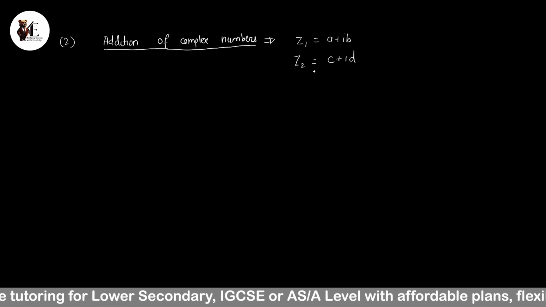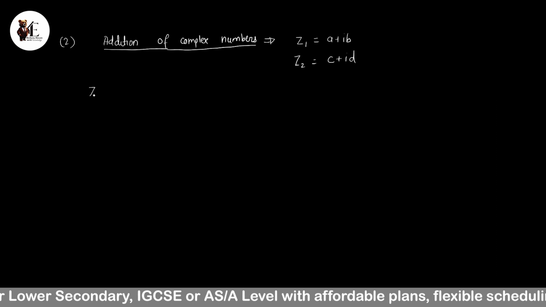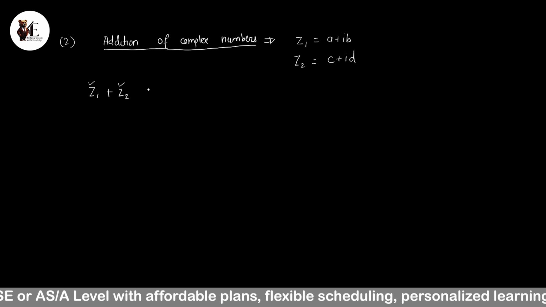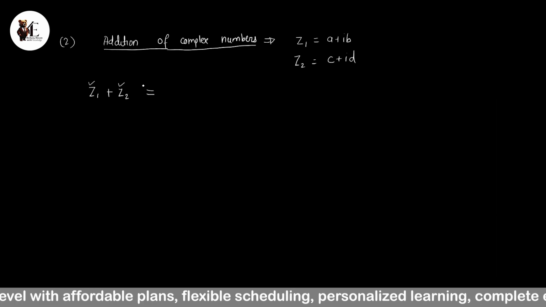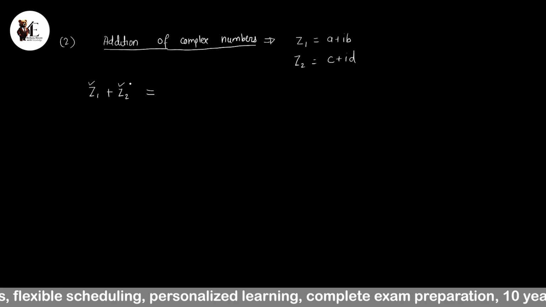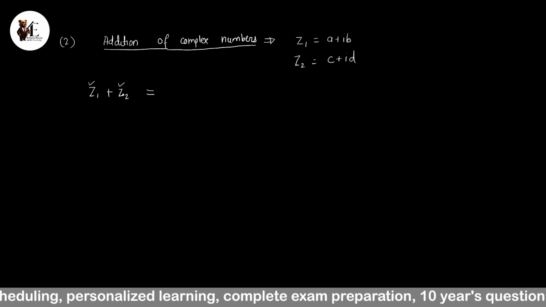If two complex numbers are given and we have to add both of them, z1 plus z2, consider this as a small z. I know it looks like capital Z. So z1 plus z2, the addition of the two complex numbers, how will we add?